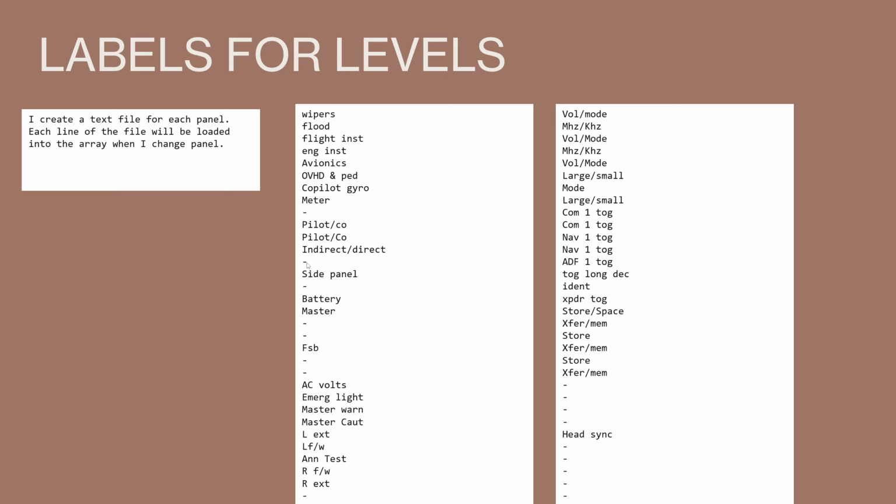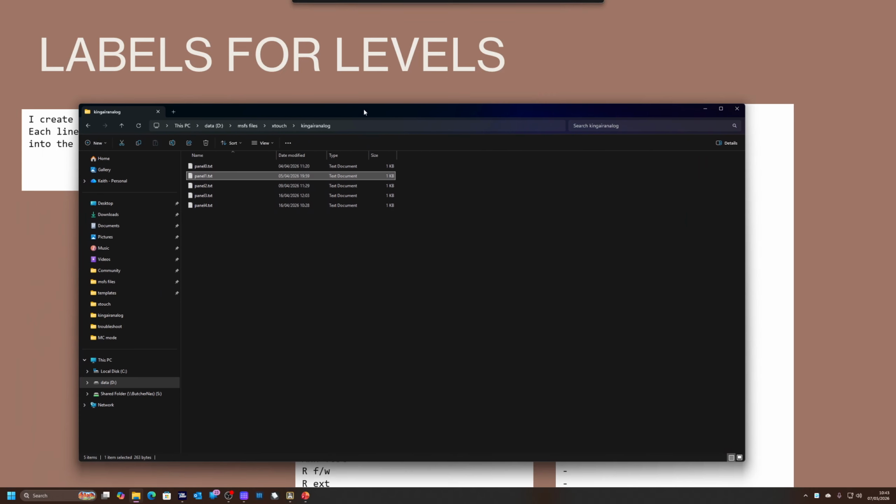If there's no text, I just put a placeholder, a hyphen in fact. I've saved all those in a folder, and I know the pathway for that folder, and they're all the different text files for the different layers.